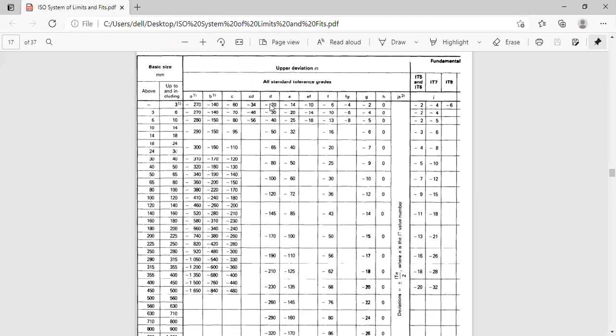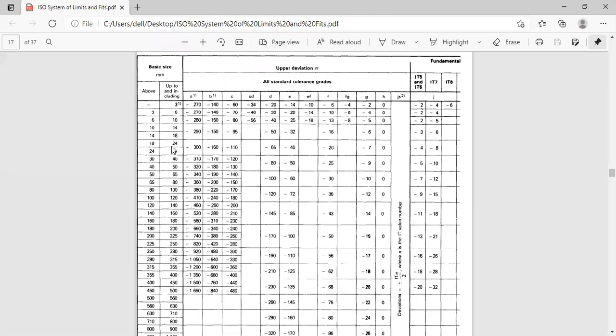Suppose it is some F6 shaft. So IT6 I'll calculate according to the formula: small i is equal to 0.5 cube root of D plus 0.001 D. But here, this F I will take. What value will I take for F? I have to know the diameter step. It is falling between 18 to 24 and 24 to 30 now.